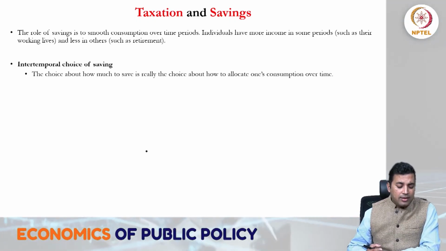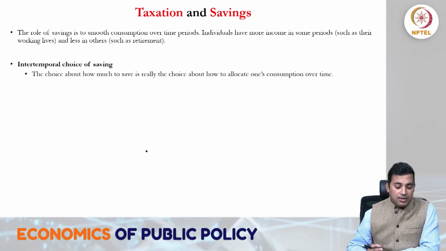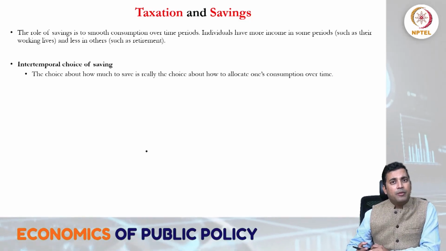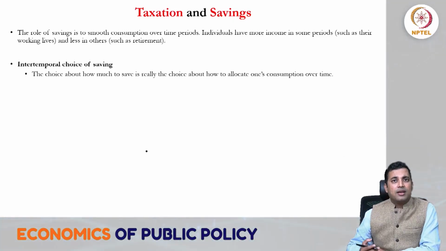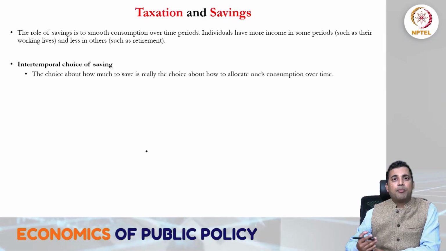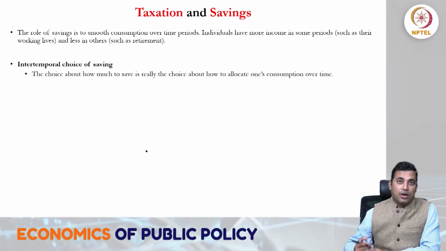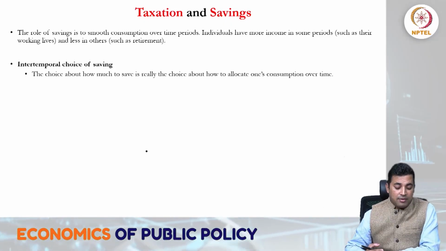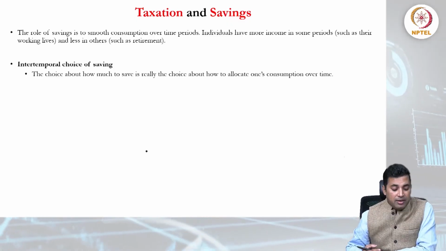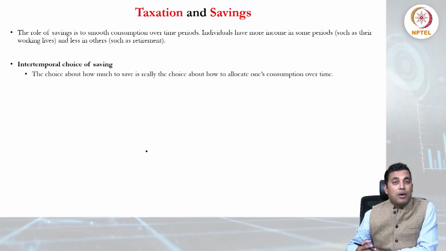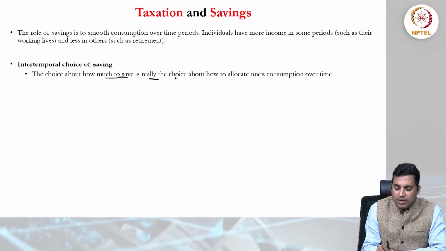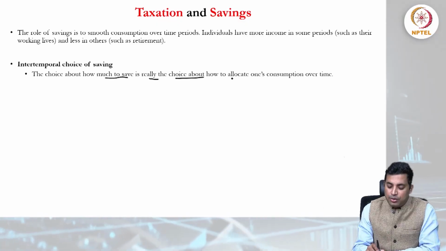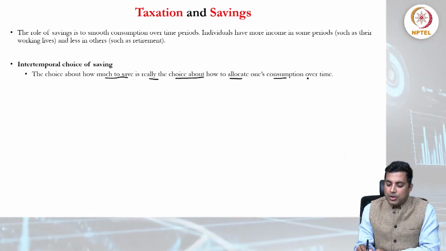So when we look at the intertemporal choice of savings, what does that mean? Very traditional and basic theories on savings were also discussed in the context of those traditional saving theories. The choice about how much to save is a choice about how to allocate one's consumption over time.